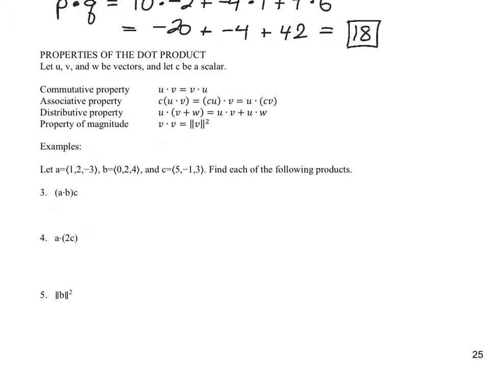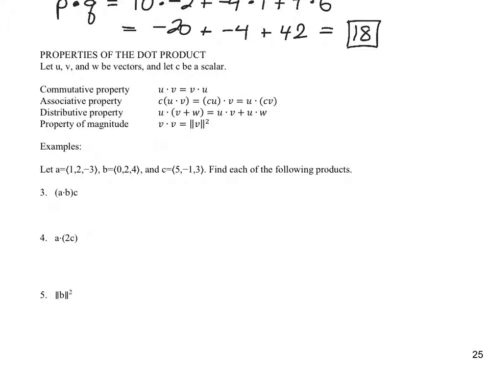All right, so the examples here, we're looking at just applying the properties of dot product. So A dot B multiplied by C, right? It's an implied dot here because we're looking at the associative property for the dot product.